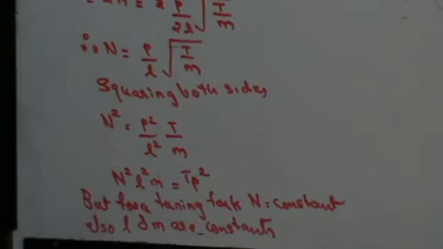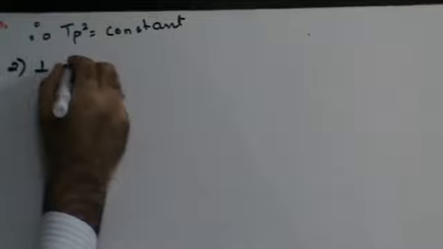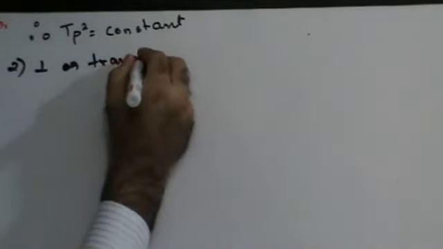Therefore, you can say that T p square is constant. So in parallel position you get T p square is constant. Fine, do we get this here? Next, let's move on to perpendicular or transverse position now.